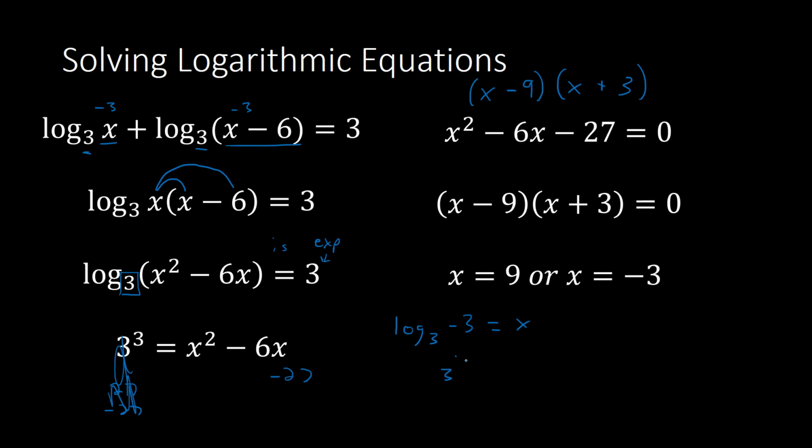So 3 to the x power equals negative 3. Well, we have a positive number for your base. It does not matter what I raise this positive number to, I will never get back out a negative solution. So this negative answer does not work, because I cannot have an exponent that would give me a negative number back out if we started with a positive base.